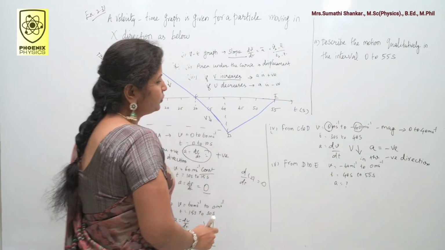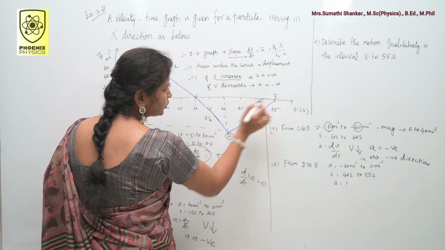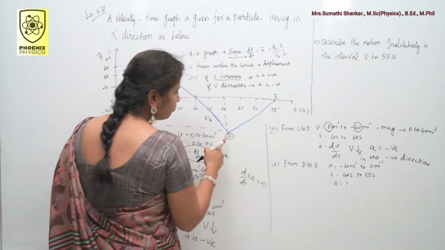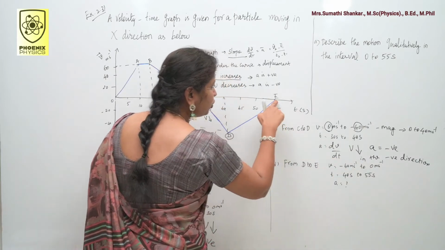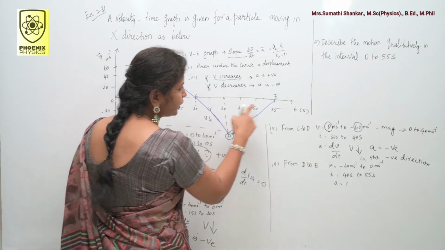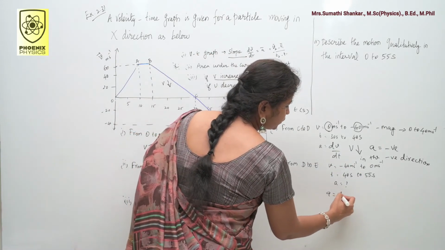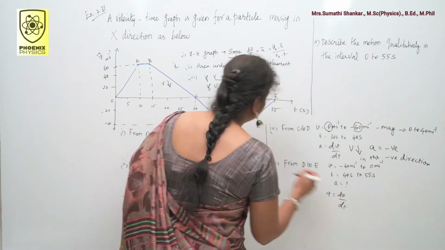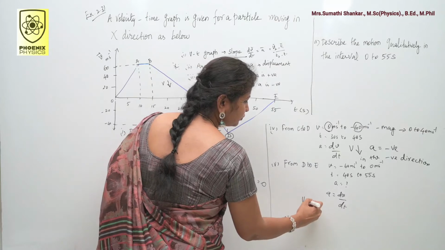Up to this clear? Then from D to E. So this is my D and this is E. So velocity goes from minus 40 m/s to 0 m/s. Corresponding time is 40 seconds to 55 seconds. So how do you find out A? A is equal to dV by dt. Here velocity is increasing.